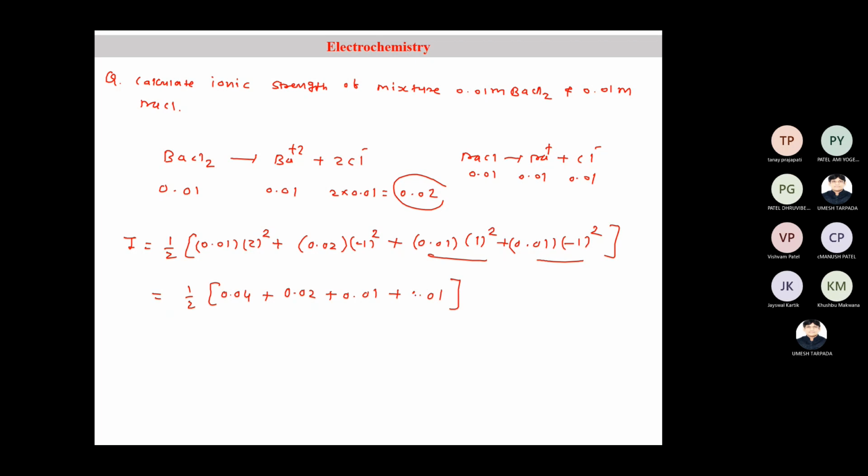So it becomes 0.08 divided by 2, that is 0.04. This is the ionic strength.